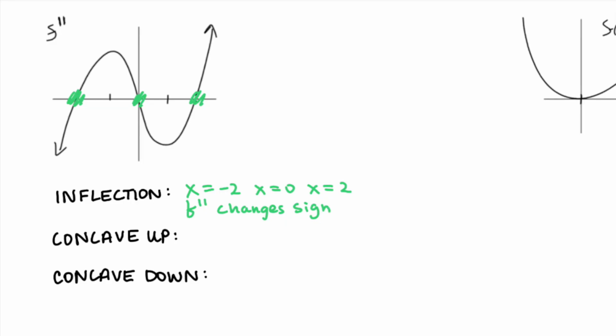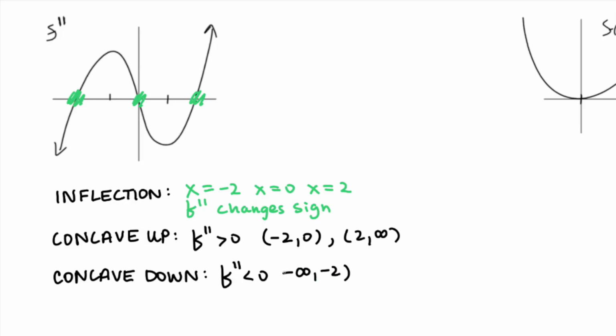Okay, then for concave up, f double prime is greater than 0 on the interval negative 2 to 0, also 2 to infinity. And concave down, f double prime is negative from negative infinity to negative 2, and also from 0 to positive 2.